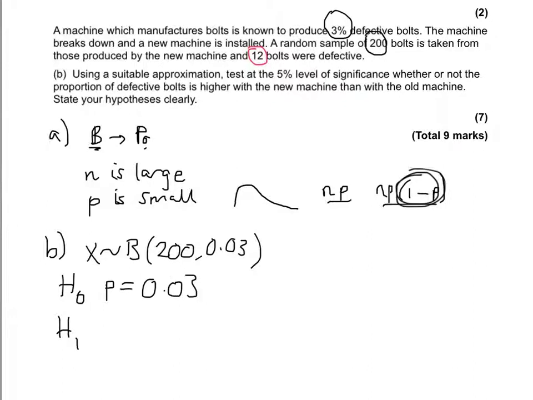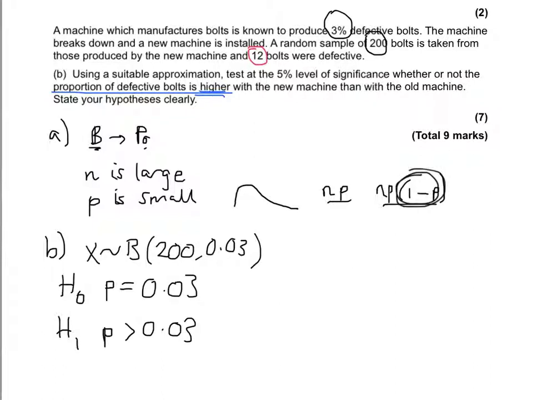Nothing has changed. For my alternative hypothesis, however, I need to look to the question to see what change they're asking about. They are asking whether the proportion of defective bolts is now higher. Higher is telling me I want to test whether P is now greater than 0.03.